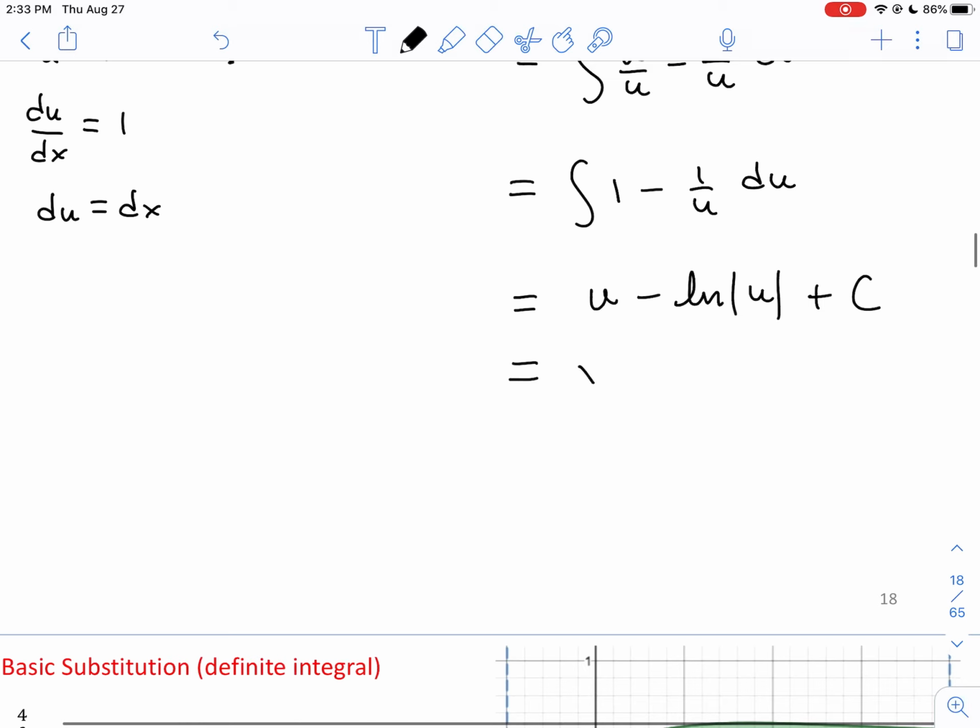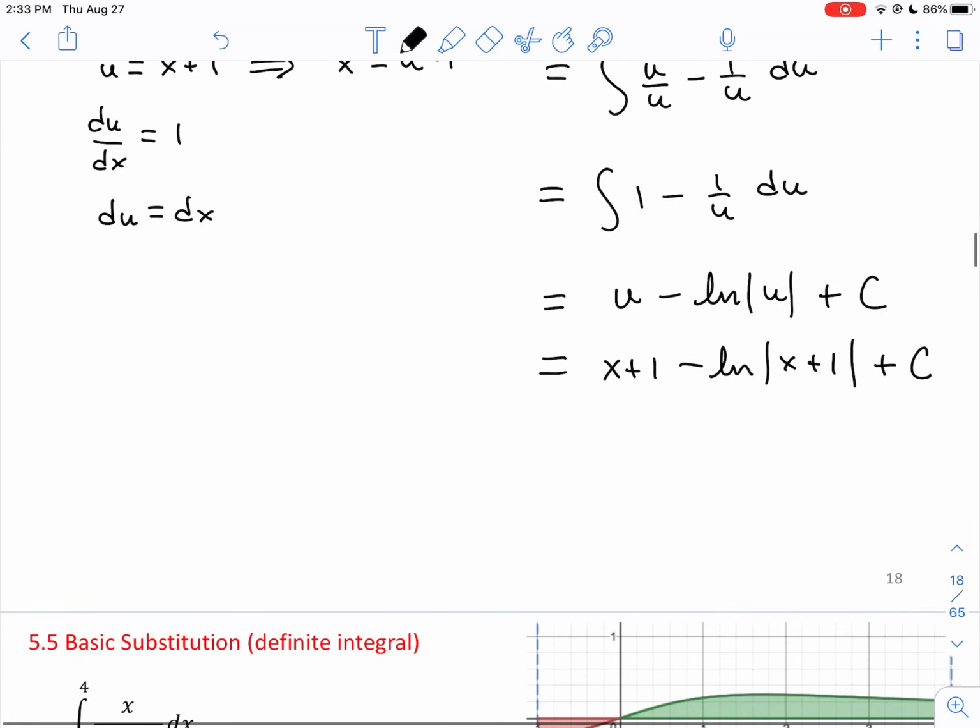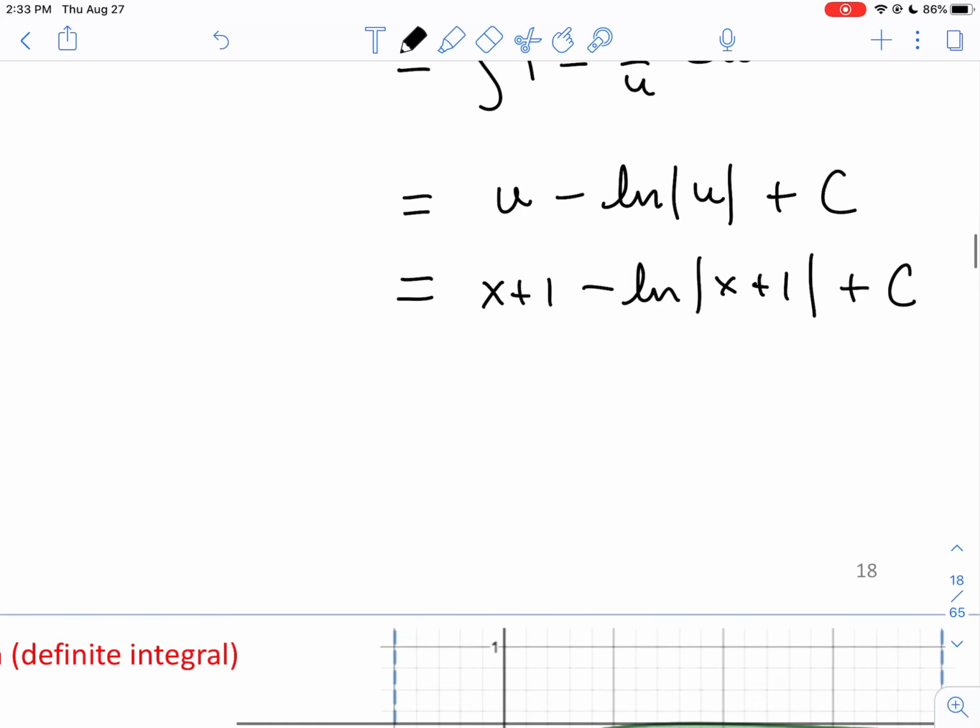And then we do our back substitution. The u is changed back to x plus 1 minus natural log of absolute value of x plus 1, and then plus c. Now it's very common that if you look this one up in the back of a book or use an integral calculator to get it, you're not going to see this plus 1 here. The reason is that this is a free-floating constant, and it can be grouped with this free-floating plus c.